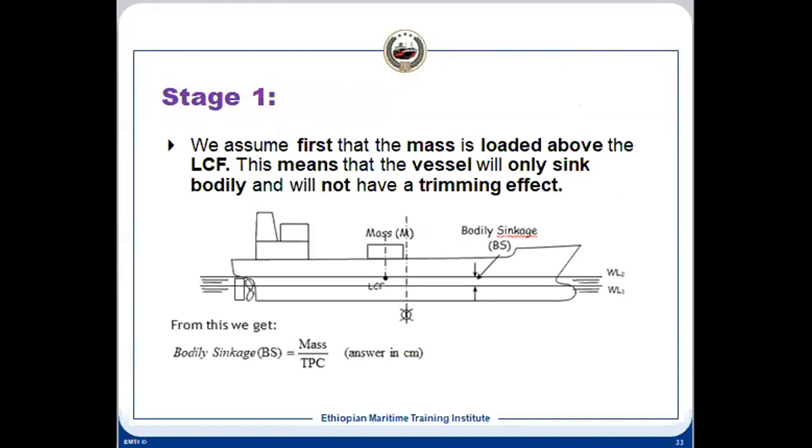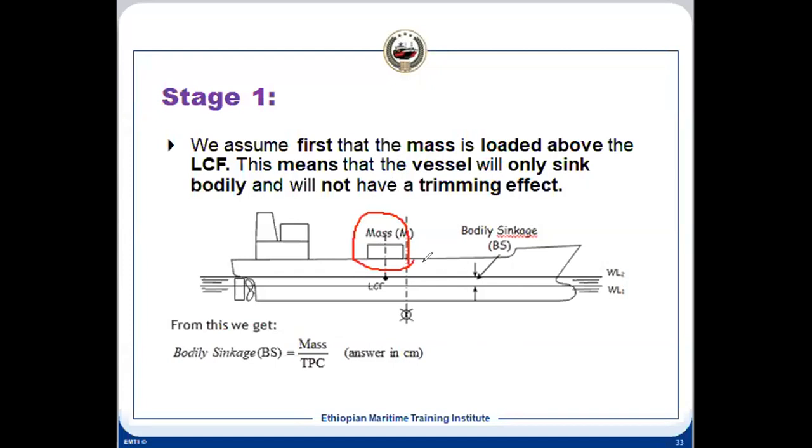Mass may not be added at the LCF. It may be added somewhere else. But always when mass is added, we first consider that the mass is added at the LCF. So it is on the vertical plane of the LCF, on top of the LCF, on the vertical line of the LCF.